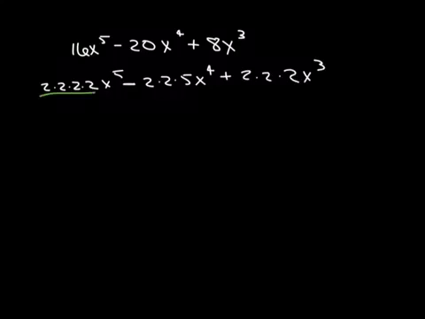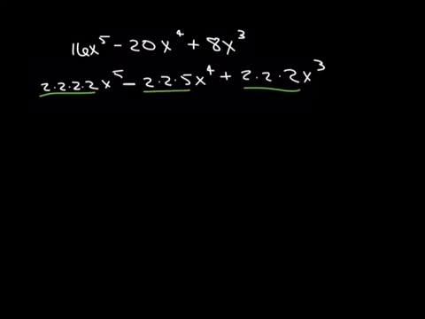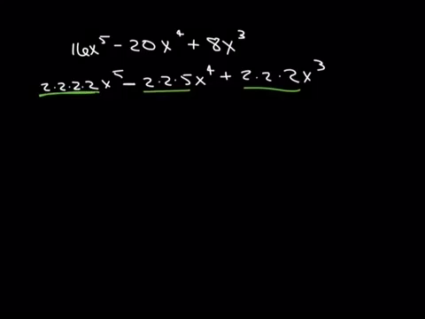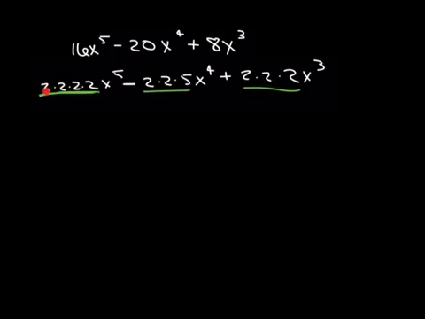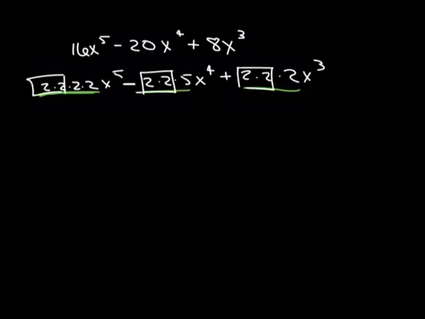If it helps to underline them, do that. What is the commonality between each of those underlined? What you'll notice is I have 4 2's here, but I don't have 4 here or 4 here. So the 2's occur the least often here. So I know that is the number I'm going to pull out because I can pull it out of here and I can pull it out of here.